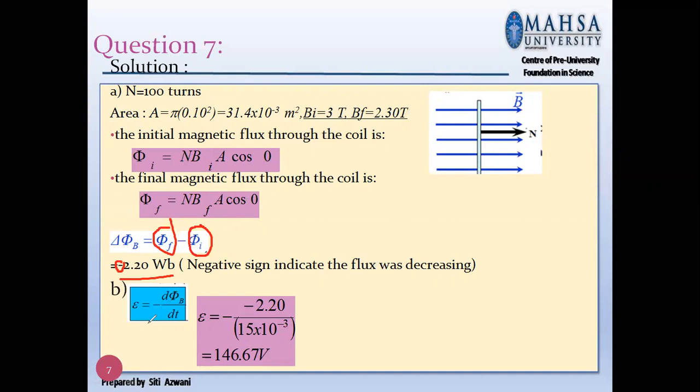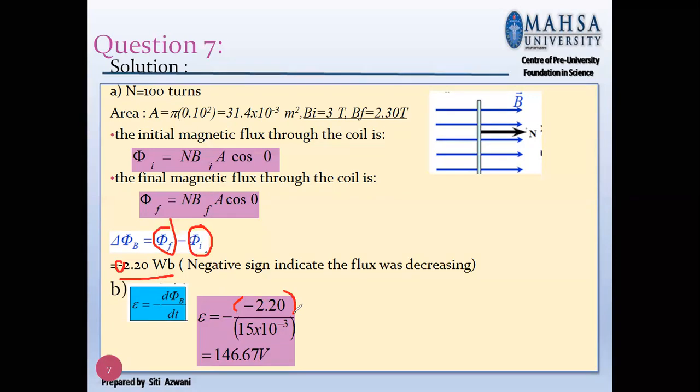Next, question B. You want to calculate the induced EMF. How to calculate the induced EMF? You need to apply Faraday's law. By applying Faraday's law, the induced EMF is the rate of change of the magnetic flux. So here this is the change in the magnetic flux, got from the first value. You got 2.20, divided by the change of your time, which is 15 millisecond.